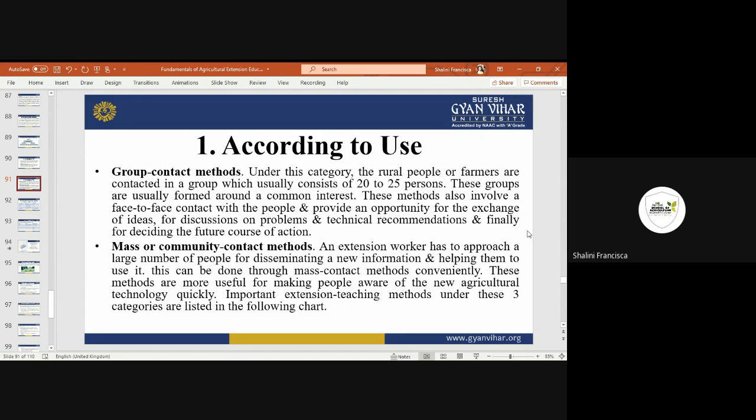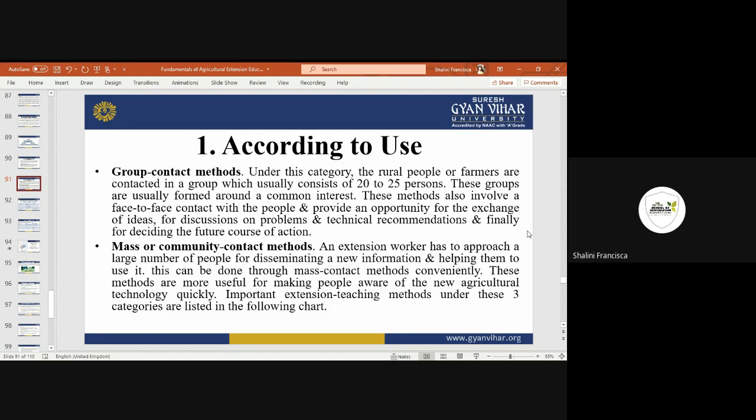So these methods also involve discussion on problems and technical recommendations, and finally describing the future course of action. So giving an idea, then having a discussion on that idea, and finding possible solutions, and you can also give some techniques or solutions to them so that they are very much acceptable by them, and then carrying out that particular thing for the future.